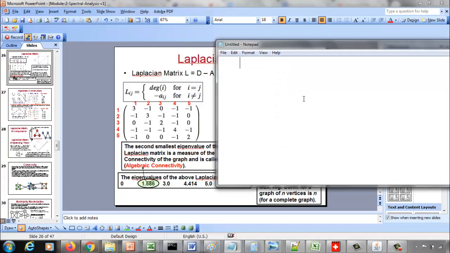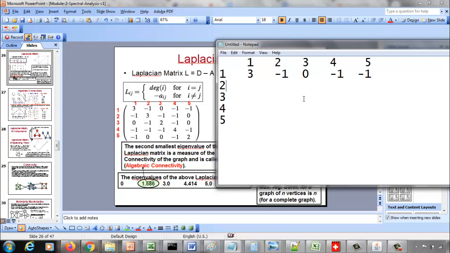So how to type this? Type the vertex entries. These are the node IDs. Type exactly like what I have written there. So then 3, -1, 0, then -1, then -1.